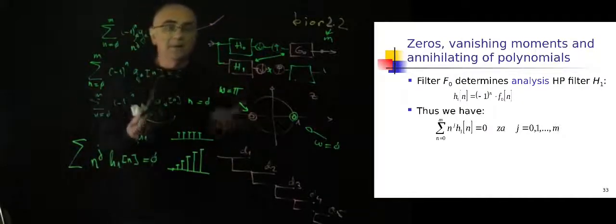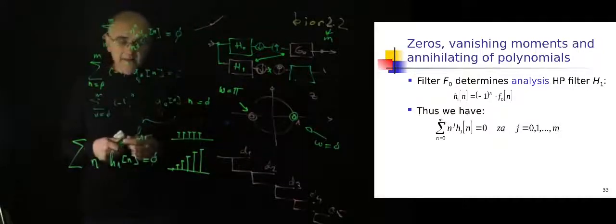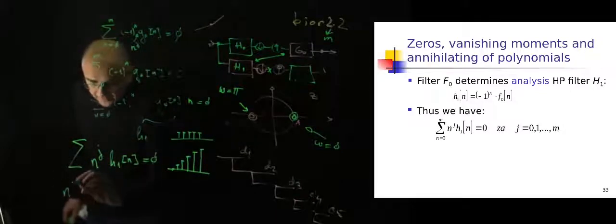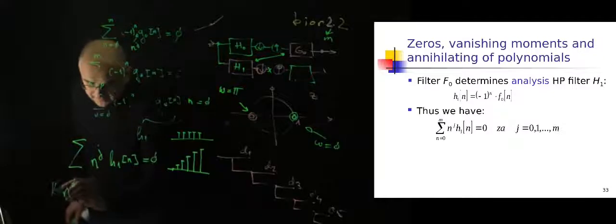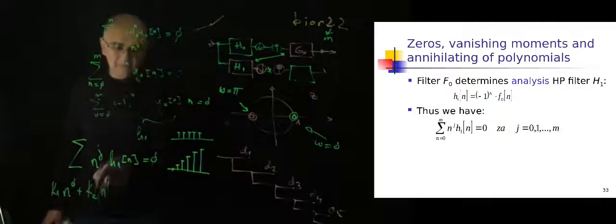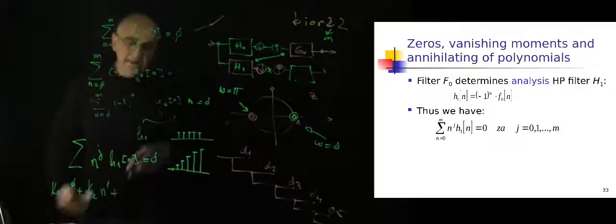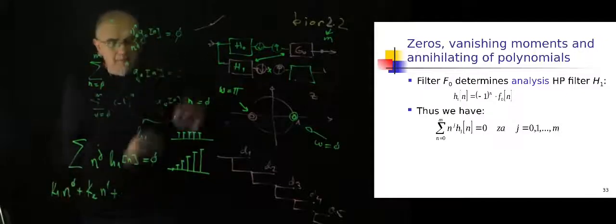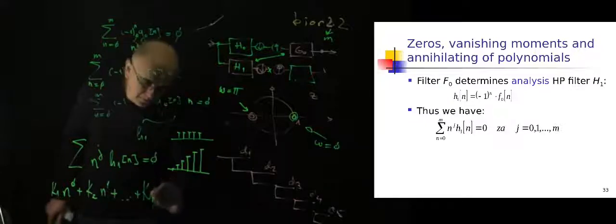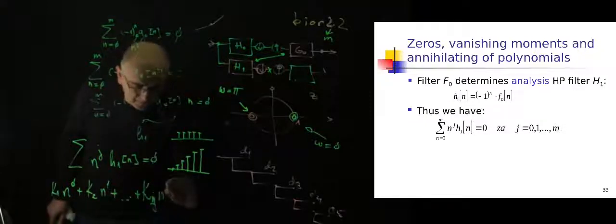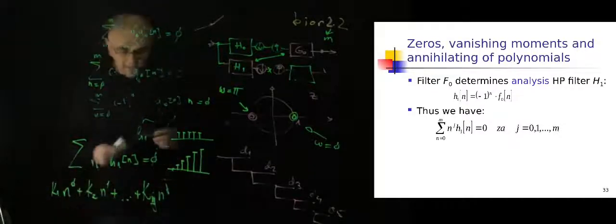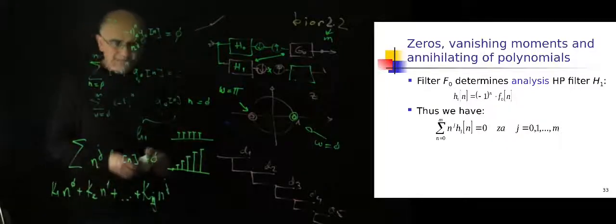So polynomials in the discrete domain can be expressed as a linear combination of n to the power of 0 times some constant plus n to the power of 1 times some constant term. Then it could be, not in my example, but it could be k n to the power of j, and so on. So this is a general expression for a discrete polynomial.